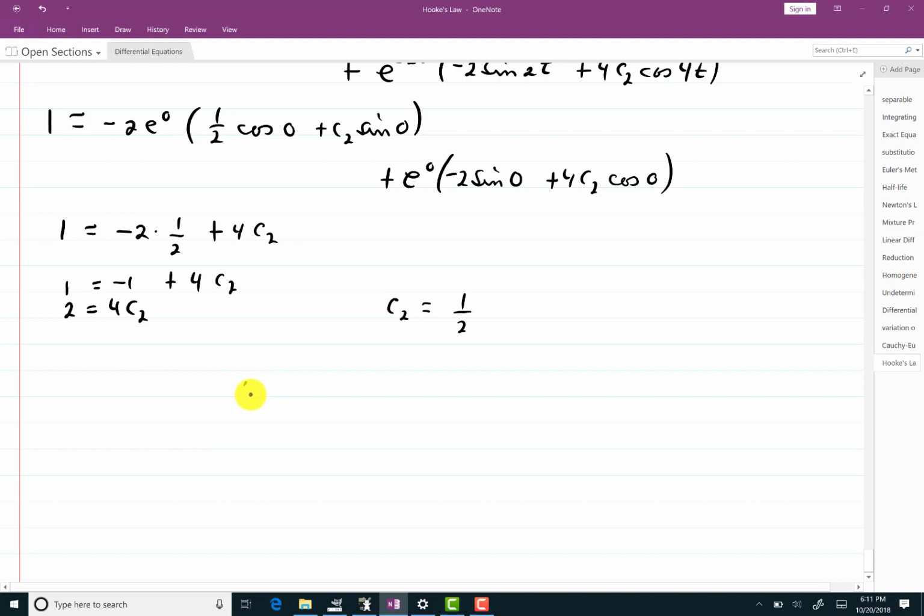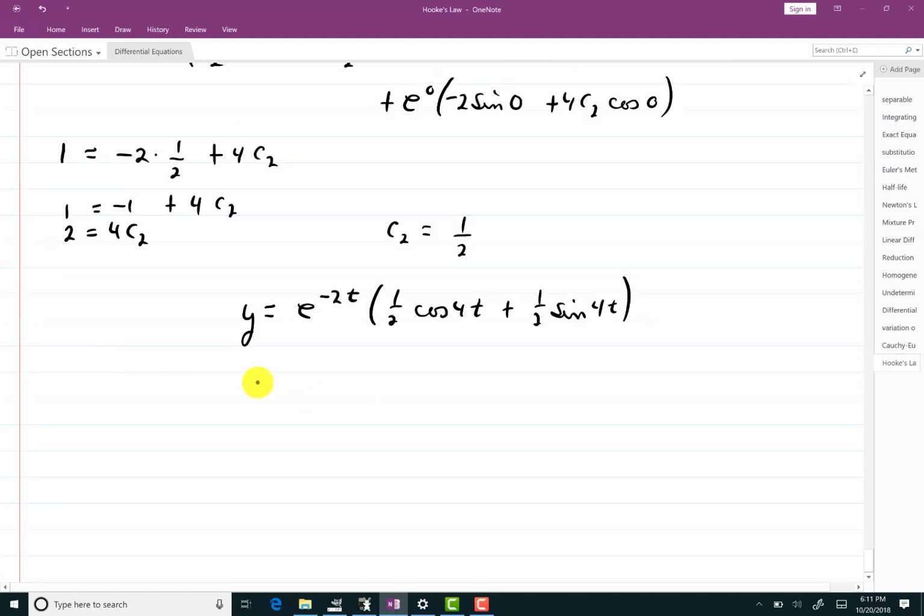So my y will equal e to the negative 2t times 1/2 cosine of 4t plus 1/2 sine of 4t. Honestly, I think it might look just a teeny bit better if I pull that 1/2 out. I get 1/2 e to the negative 2t times cosine of 4t plus sine of 4t.